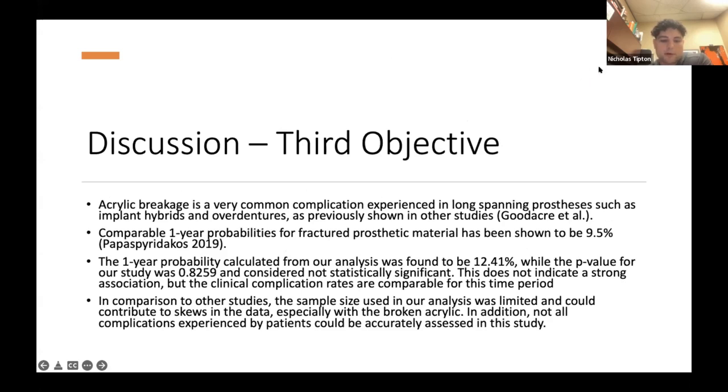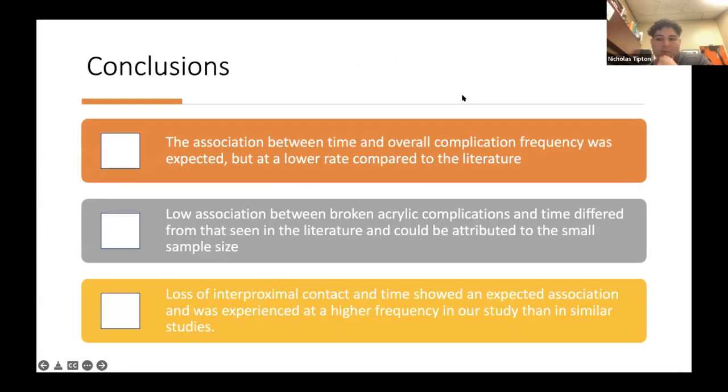So the 1-year probabilities in other studies have been shown to about 9.5, something like that. Our analysis was about 12.41. Our p-value was pretty high, so it's tough to make a strong comparison there. But in the future, we hope to have a larger sample.